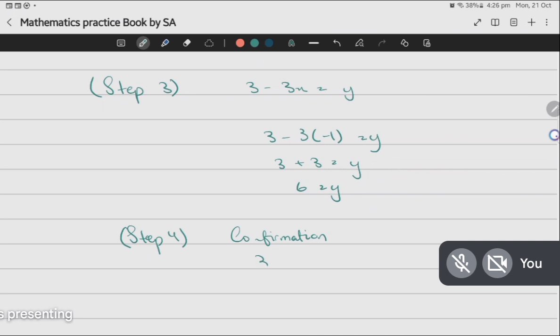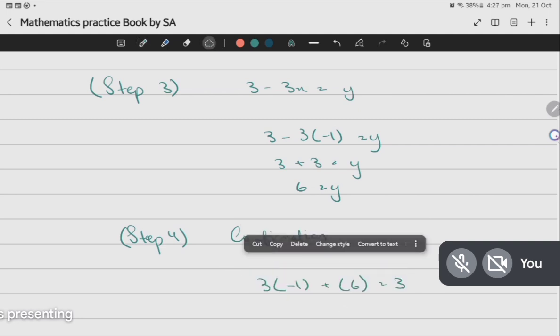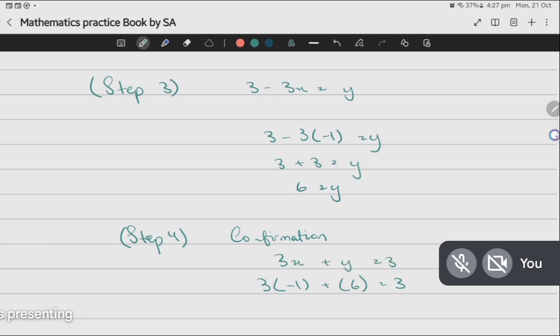Okay? So 3 bracket minus 1 plus bracket 6 is equal to 3. Confirm. Okay? Basically यहाँ पर हमारे पास क्या चीज़ थी? पहले वाली इक्वेशन which was 3x plus y is equal to 3. Yeah, all good? Understood?